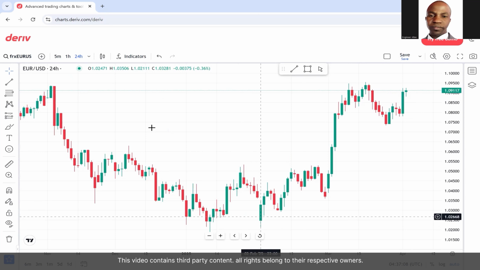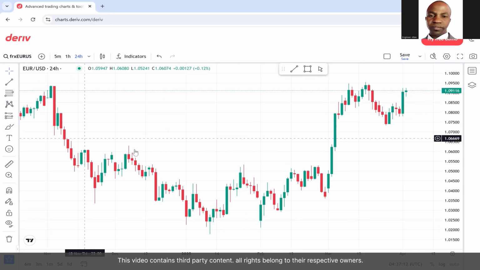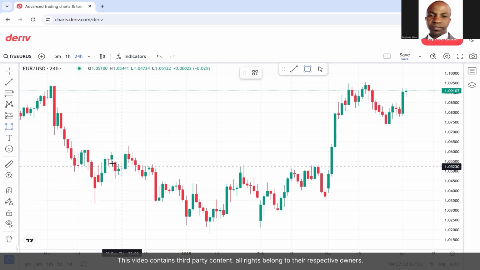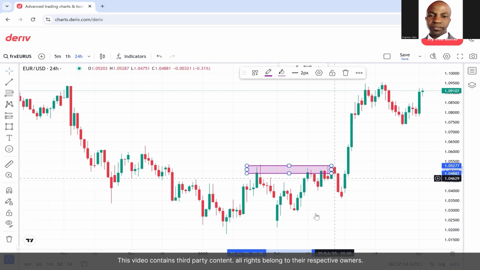The more you delve into these things, you can always see consolidation zones without much difficulty, because here you have to practice a lot to perfect your skill.